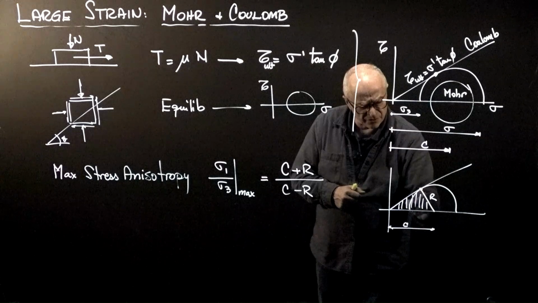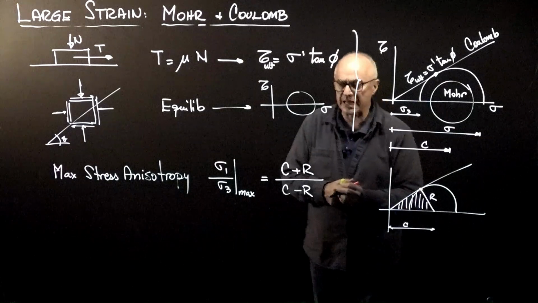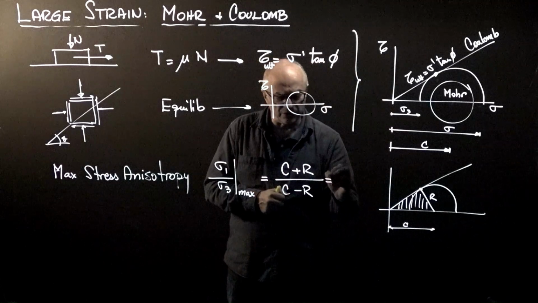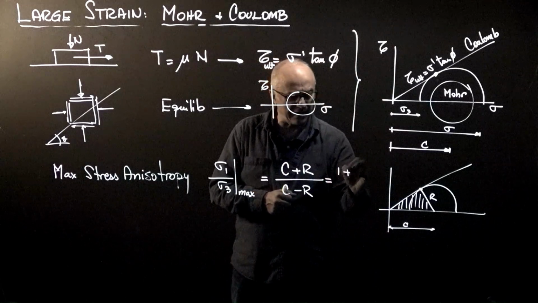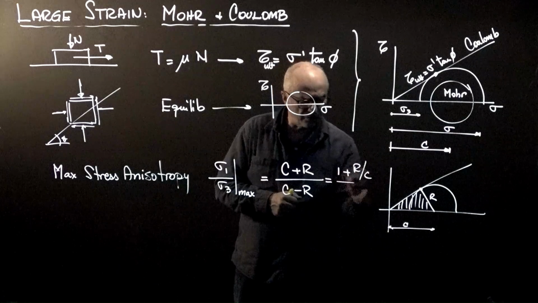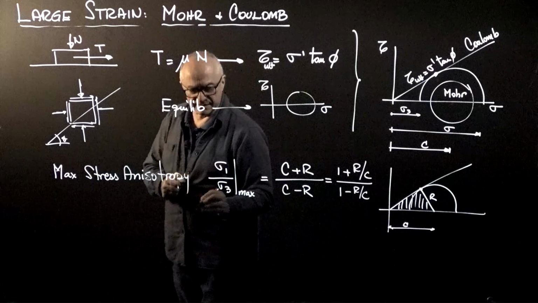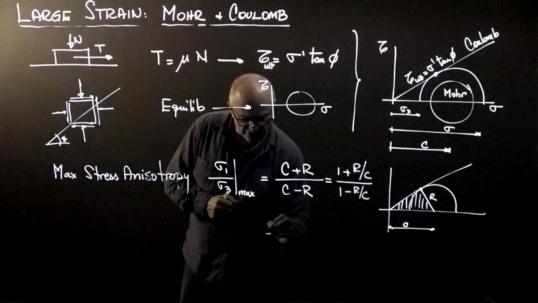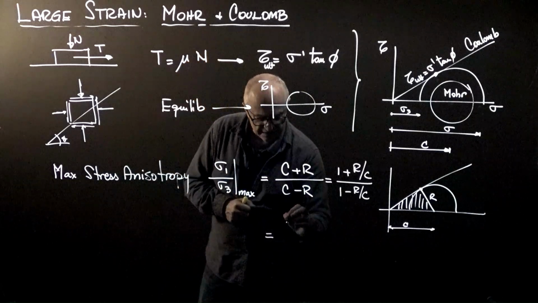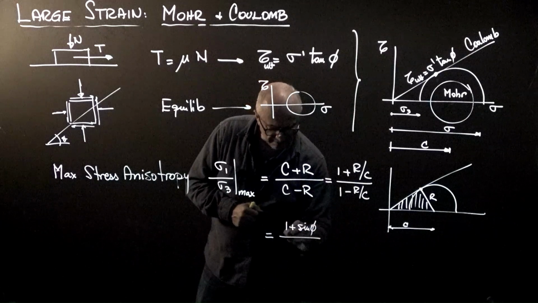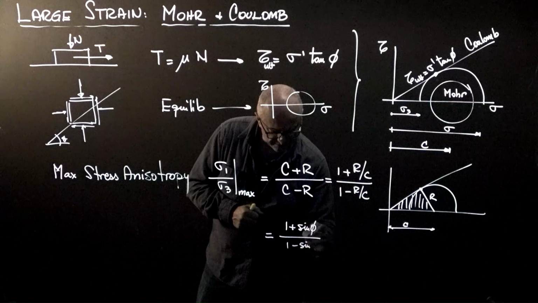Therefore, r over c is equal to the sine of phi. So if we divide numerator and denominator by c, I get 1 plus r over c over 1 minus r over c, and this is the maximum stress anisotropy the soil may experience: 1 plus sine phi over 1 minus sine phi.